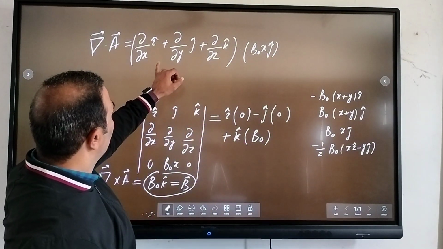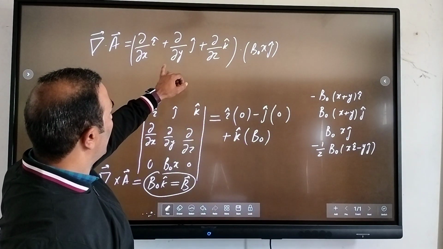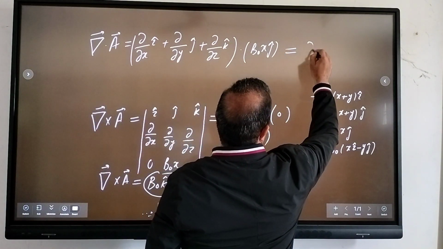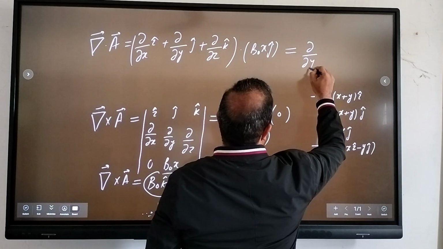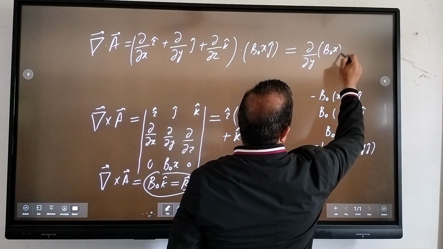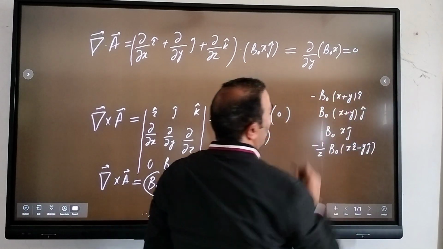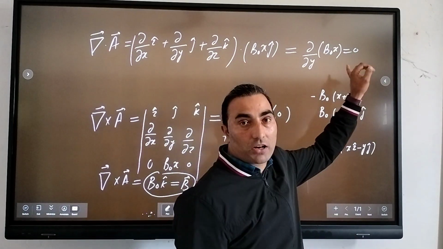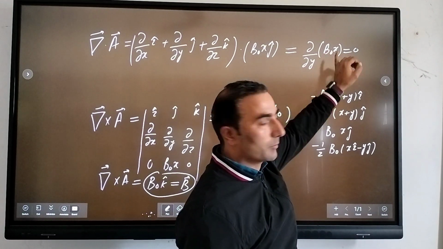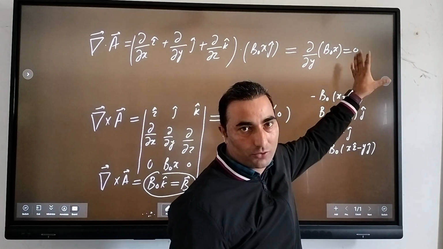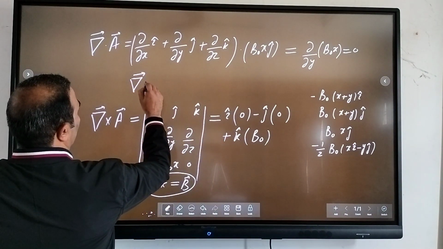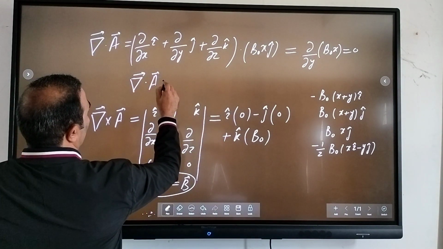So you can check that, तो यहाँ पे हमारा कौन सा कंपोनेंट आएगा, that will be equal to partial by partial y of b naught x. So that will be equal to 0 because you are differentiating it partially, so if there was a y component then it would be b naught, but it is b naught x, so this will be 0, right? So that means here nabla dot A equal to 0.